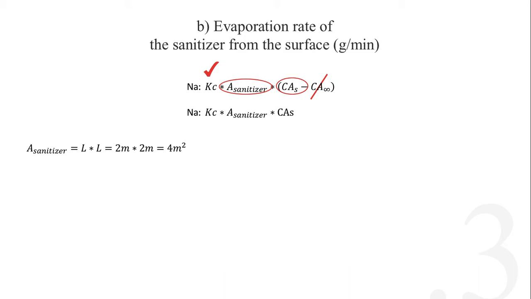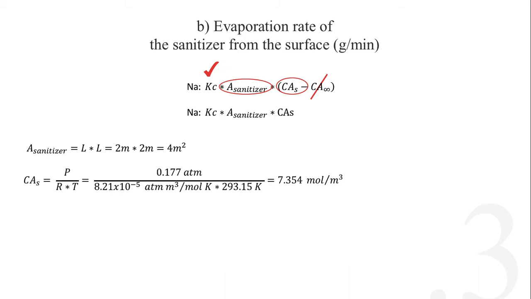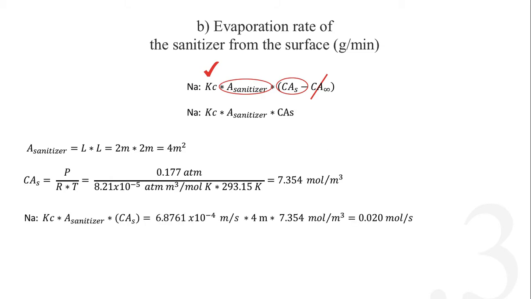So we have the area of the sanitizer, and then we calculate the concentration in the surface. Here we have our equation previously mentioned, and we obtain a value of 0.02 mole per second.